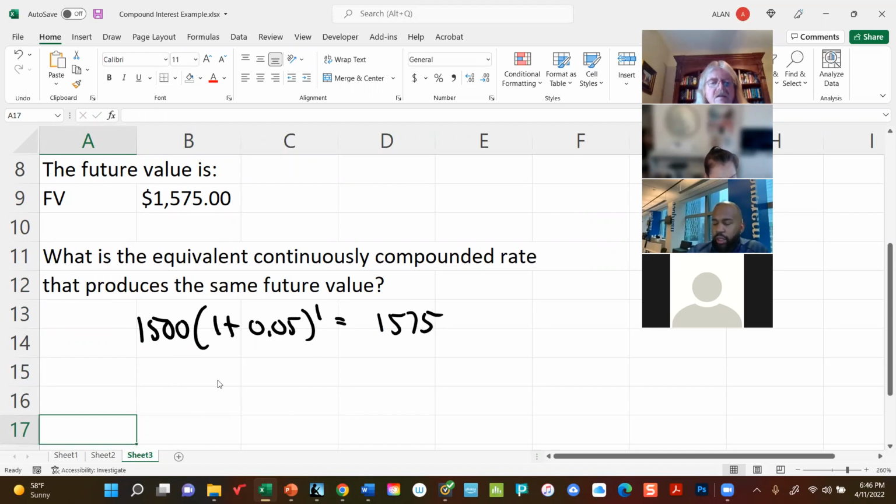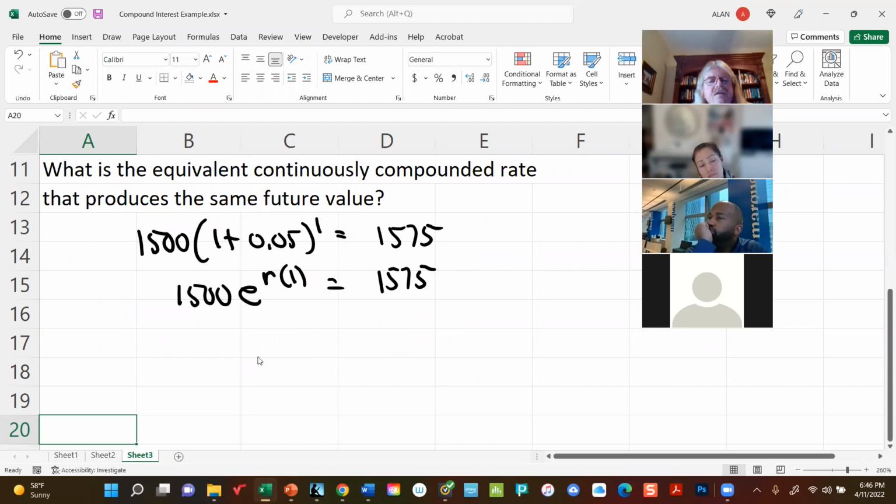If you were to use the continuously compounded formula, you would have 1,500 e to the r times 1. And so then what you could do is say e to the r equals 1,575 over 1,500.